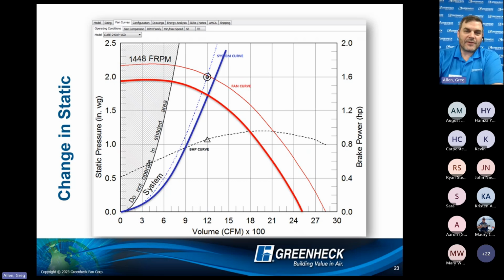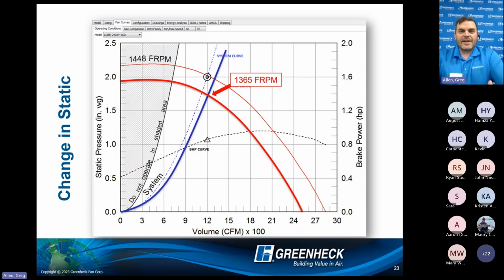And now I have to slow the fan down, so I'm only moving the 1200 CFM. So now I have a new operating point at 1365 fan RPM. So when you're looking at fan curves, just keep in mind that the actual as-built static pressure, how that changes, can actually change the shape of that original fan curve that you were provided, right?